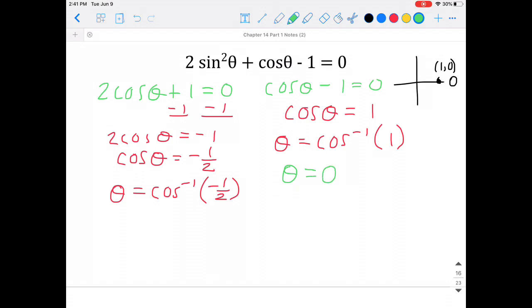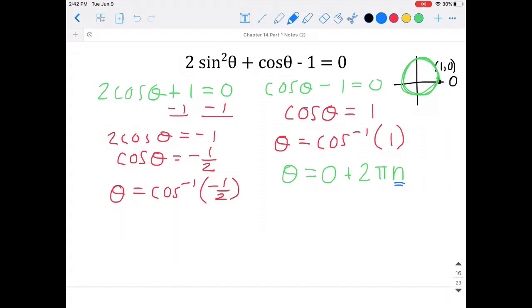But we have to think about all of our solutions. To figure out the rest of our solutions, we are going to add 2 pi. We're going to figure out coterminal angles. If we add 2 pi, we get 2 pi and then 4 pi and then 6 pi and so on. Rather than writing out infinitely many solutions, we're going to shorten that by adding 2 pi n. In this case, n represents the number of rotations from that point.